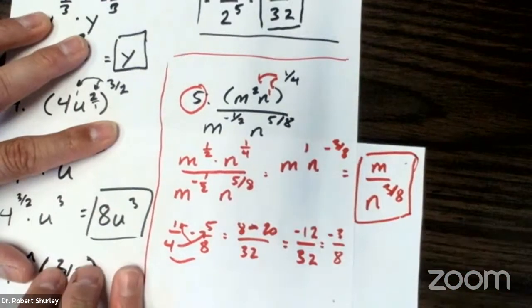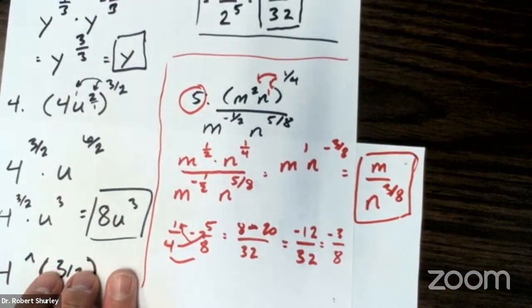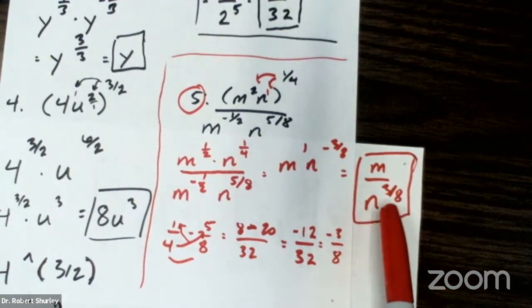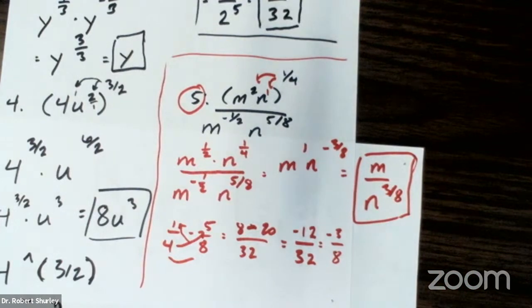And that's my solution there. Okay. And now in this one, it does say to leave it in positive exponents. Don't put it into roots. If we did that, this would be the 8th root of n cubed. But it didn't ask us to do that there.